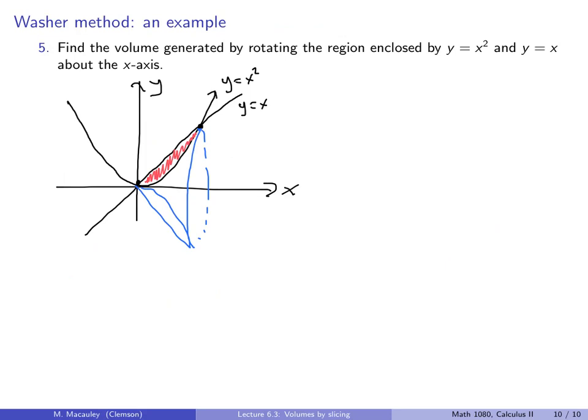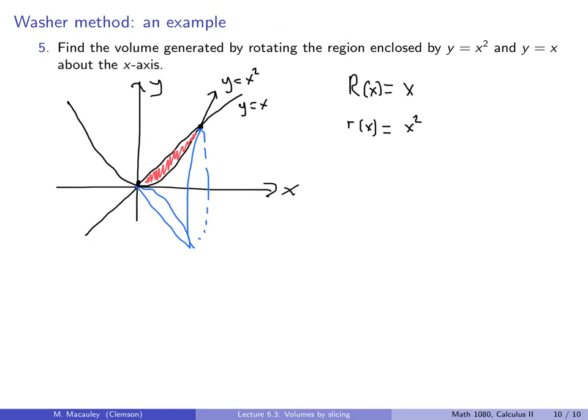Okay. So little r. The upper curve here is big R of x equals x. No, I'm sorry. The x, that's the one that's on top. The one that's on bottom is little r of x equals x squared.